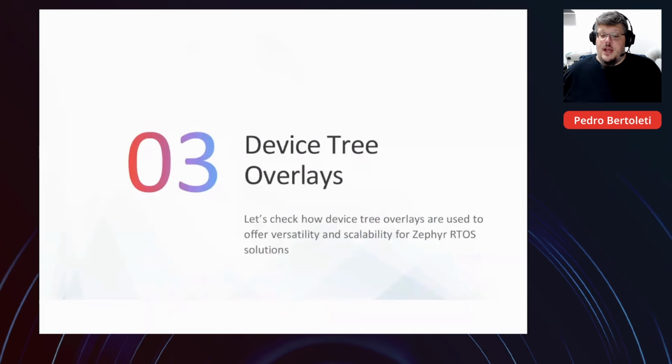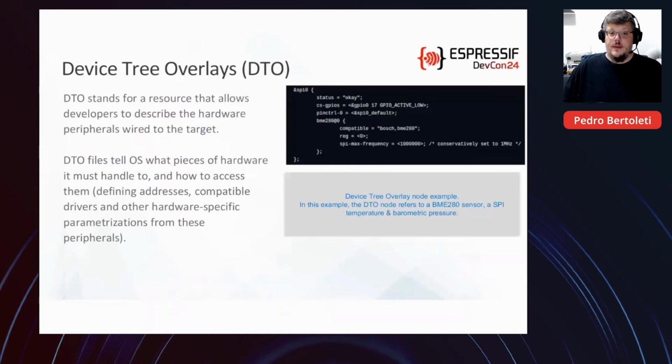Now it's time to check how device tree overlays, or DTOs for short, are used in Zephyr RTOS to offer versatility and scalability for embedded software that runs Zephyr RTOS. Well, let's start by defining what device tree overlays, or DTOs, are. DTO stands for a resource that allows developers to describe the hardware peripherals wired to the target.